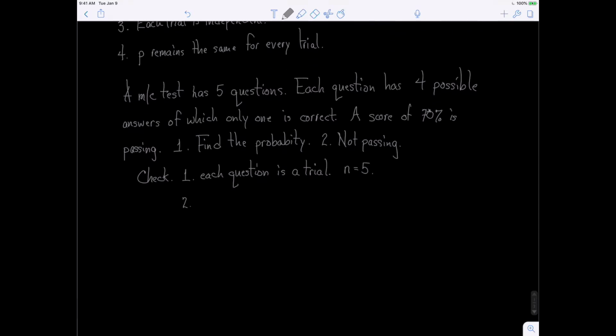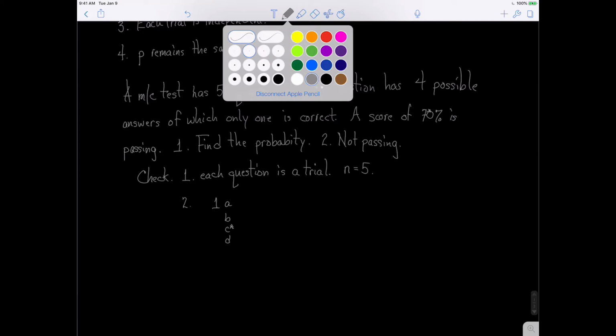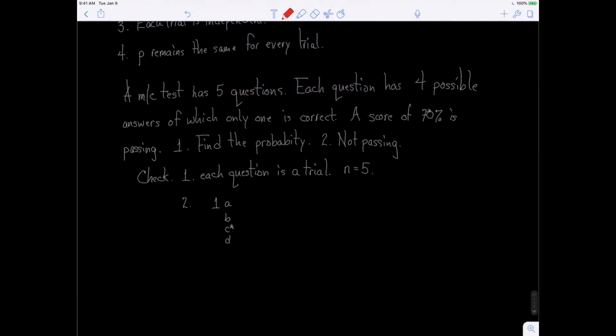Say you get to question 1 and there's answer A, B, C, or D. Let's just say that C is the correct answer. If I answered A, which would be unfortunate, I would get it wrong. If I answered B or D, it would also be wrong.